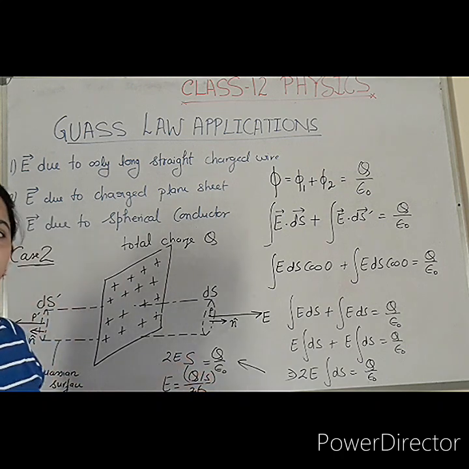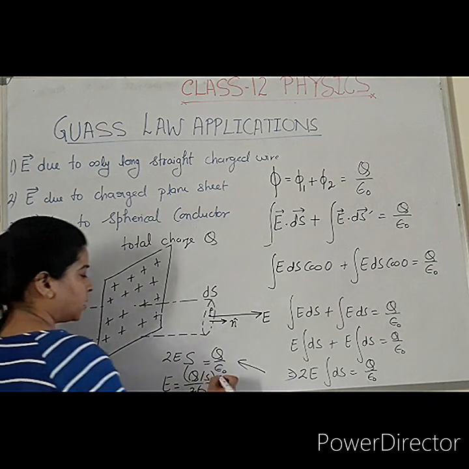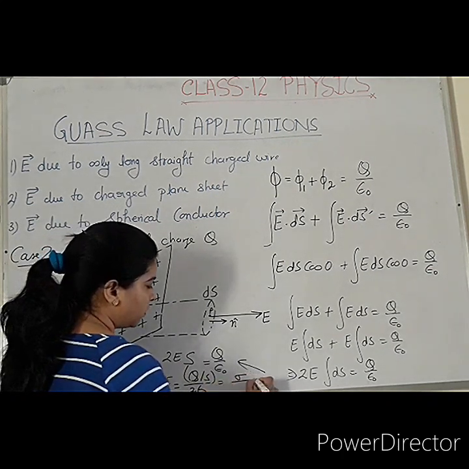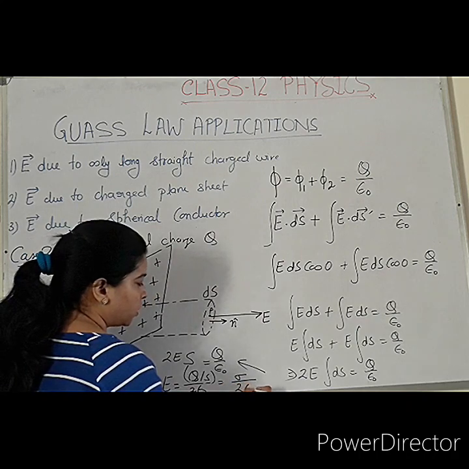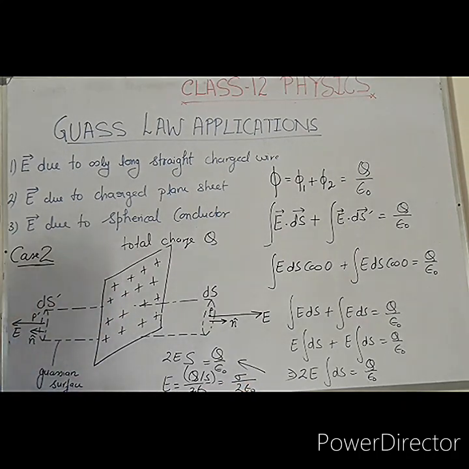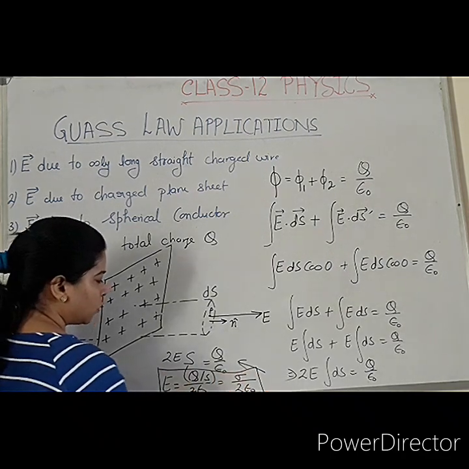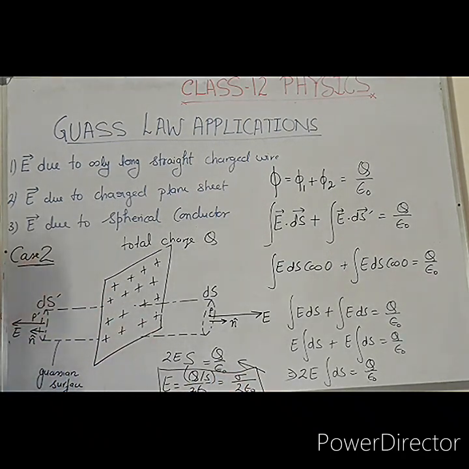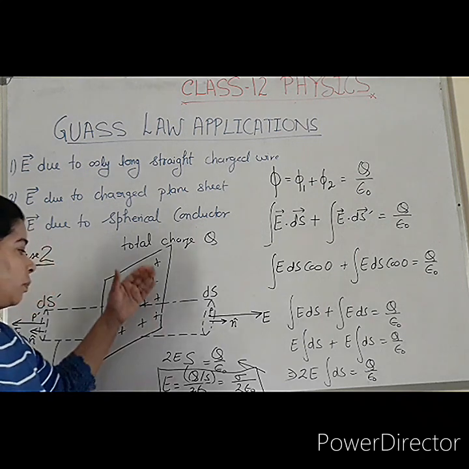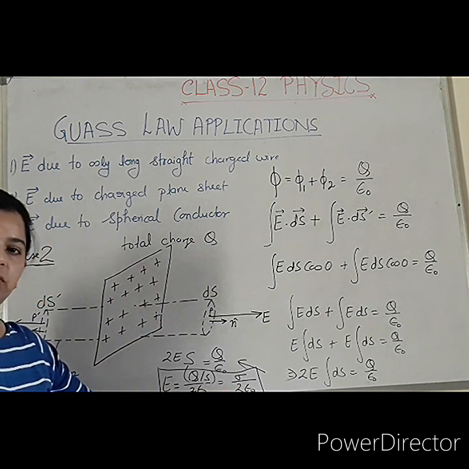That is surface charge density. In the last case, for the infinitely long wire, it was linear charge density. Now in this case, it is surface charge density. So the term will become sigma over twice of epsilon naught. So this is the value of E. You can write down the formula as E is equal to sigma over twice of epsilon naught due to a single plane sheet. This one is the formula.